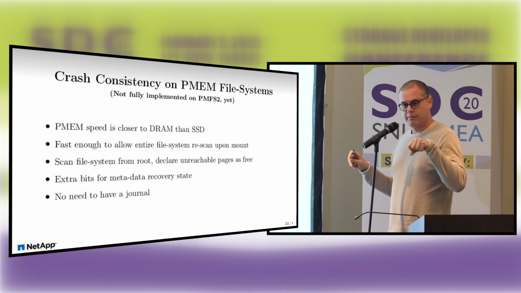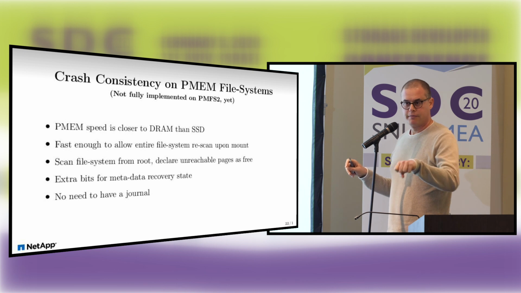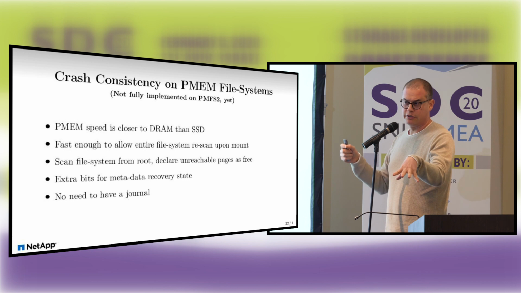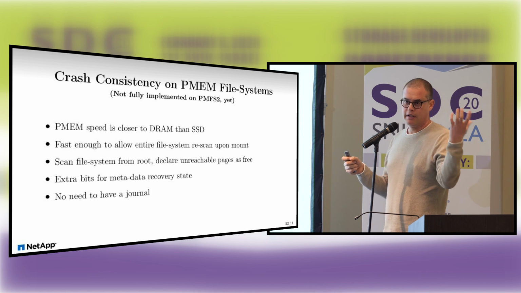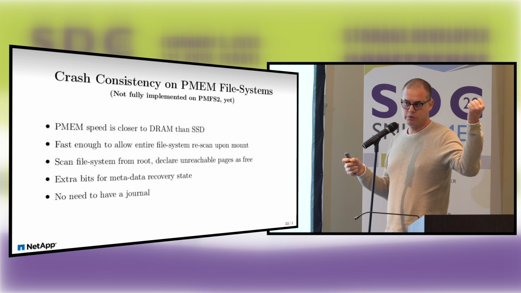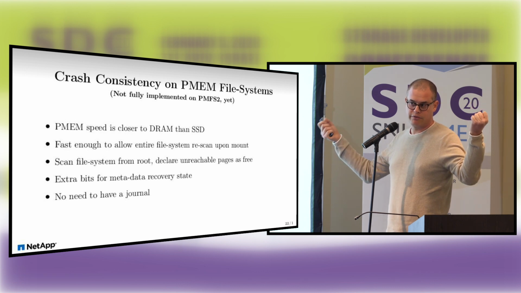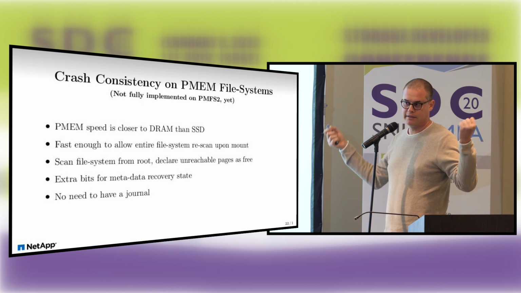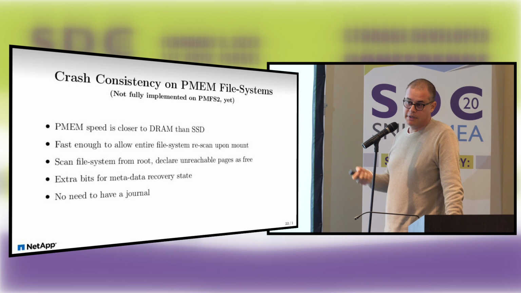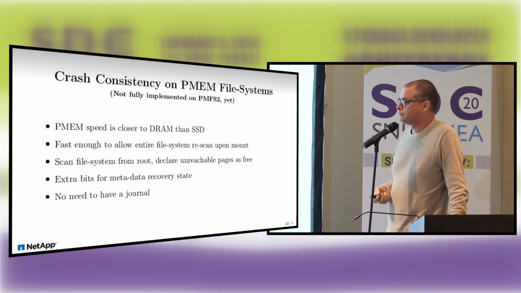We can simply mark all the pages as free, scan the entire file system, recover whatever is needed upon remount, and then each page which is reachable from the file system is marked as not free, or removed from the free pool. So when we end the remount flow, we have on the one hand the root of the file system, where every page in the file system is reachable from the root, and on the other hand a queue of free pages. So we don't need to maintain a complex bitmap or any other data structure for free pages.